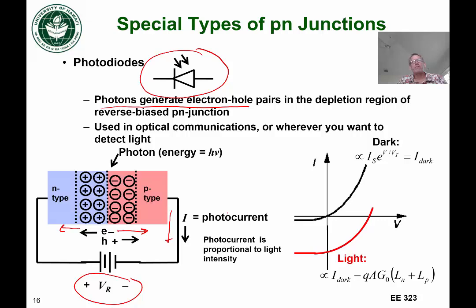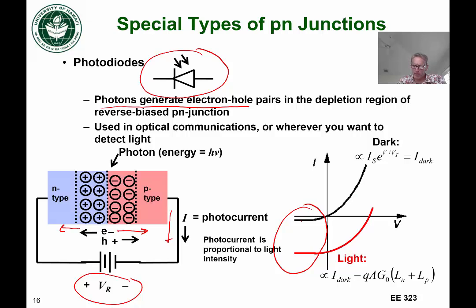And so this is used in optical communications or whenever you really want to detect light. And so essentially what happens, if you look at the IV curve, keep in mind we're operating in this reverse bias situation where we have this depletion region with the electric field to allow the electron and the hole to get swept out. So the current is negative because we're operating in reverse bias.